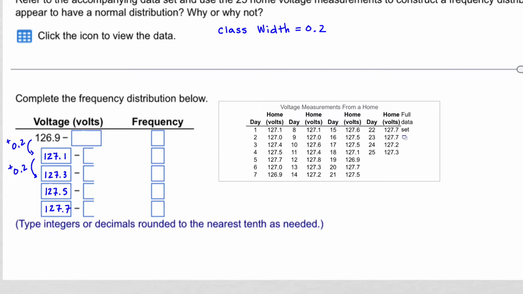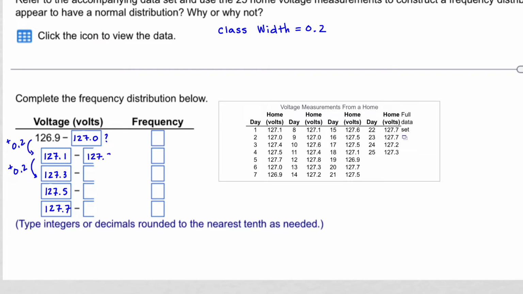Then we figure out our upper class limits. So we have 126.9 to what? We want to know what goes in this blank. The next lower class limit is 127.1. I want to go back one step from 127.1 and get to 127.0. And then again, I can add that class width to get my next upper class limits.